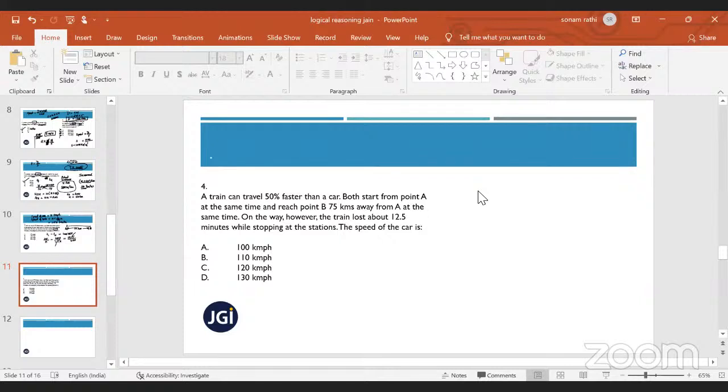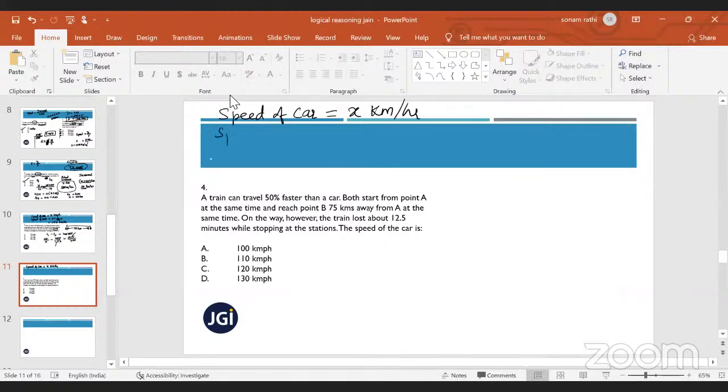Read the question again. The question says that a train can travel 50% faster than a car. So let's say speed of car is x kilometer per hour. Then what will be the speed of train?